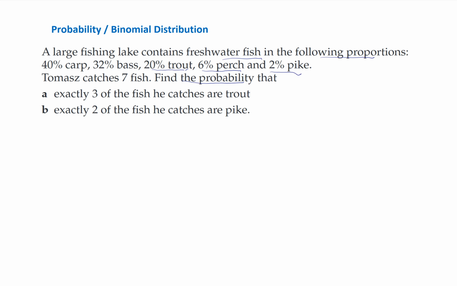So to answer this, we will use the binomial distribution formula, which says that the probability of exactly K successes in n trials is, so I can write this as P(X = K), so that is K successes.